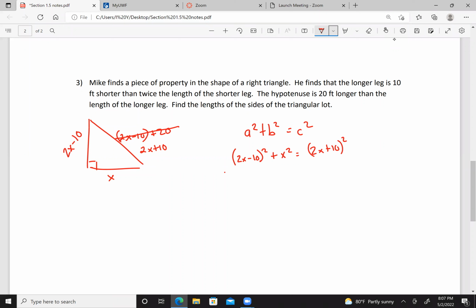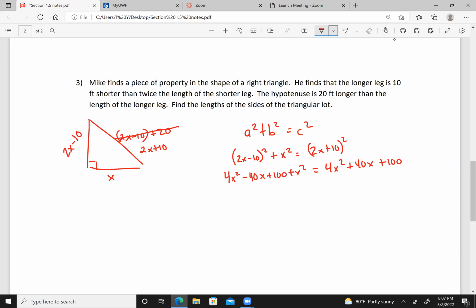So this becomes 4x squared minus 40x plus 100 plus x squared equals 4x squared plus 40x plus 100.